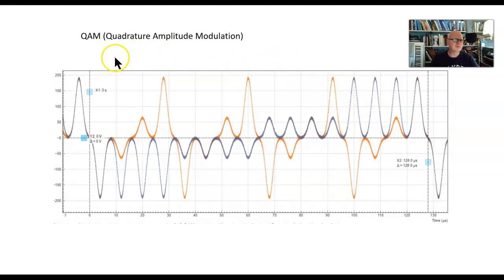Especially if I'm using quadrature phase, then I have even more, because I've got 4 possibilities in phase and 2 possibilities in amplitude. So 4 times 2 is 8. I can get up to 8 different states, and 8 different states would give us 16 possible combinations. So as you can see, I can cram a whole lot of information into this QAM, or quadrature amplitude modulation.